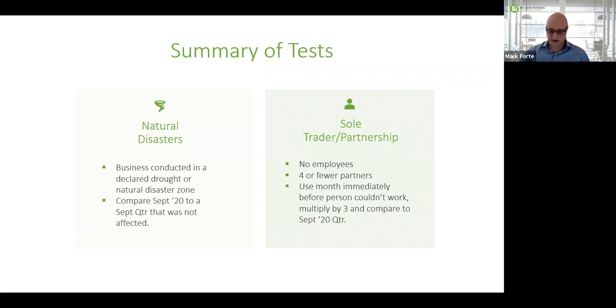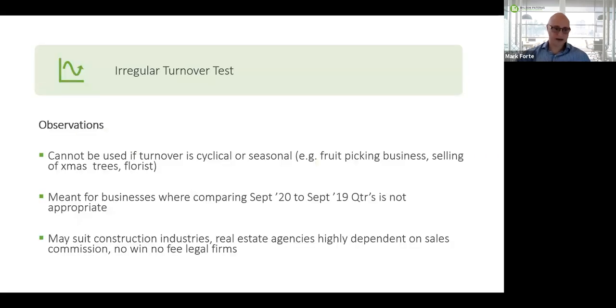So we did an Excel spreadsheet. We looked at each month in terms of what the GST turnover was. And then we went through these mechanical steps to look at whether we can apply for JobKeeper. So it is a bit of a mechanical process.